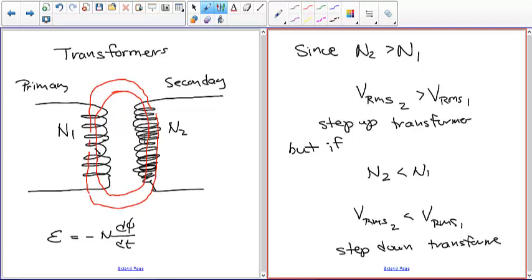In the case of step-down transformers, you'd have more turns in the primary loop and fewer turns in the secondary loop. This one doesn't weigh as much as that old transformer, but it does weigh something, so you can imagine there might be some iron in there.